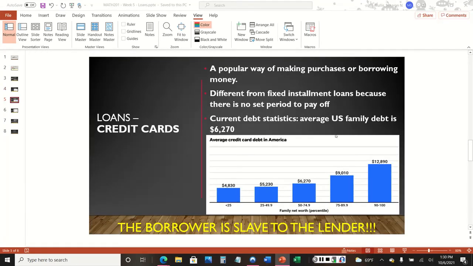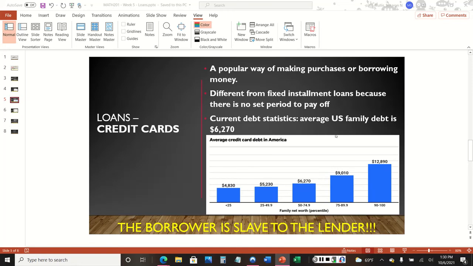So a credit card is a popular way of making purchases or borrowing money. Credit cards differ from fixed installment loans in that you are not required to pay off your balance in any set period of time. So again, the fixed installment loans, those are the ones that you usually have a set time period of when the loan's going to be paid off.